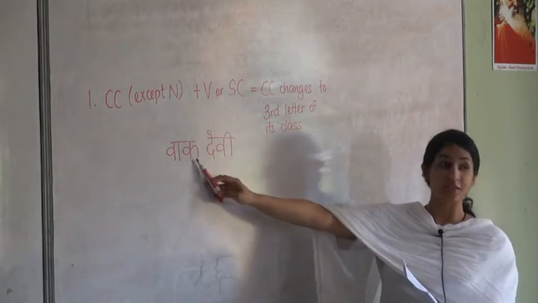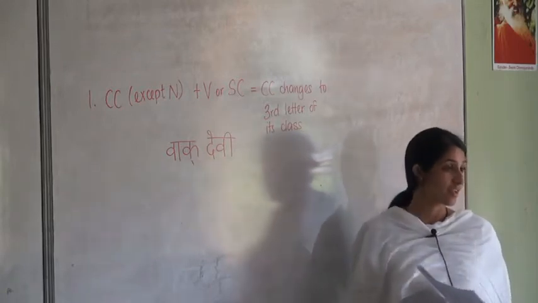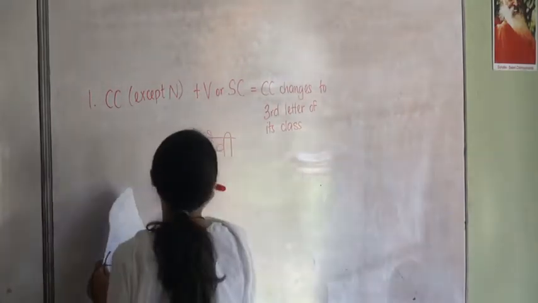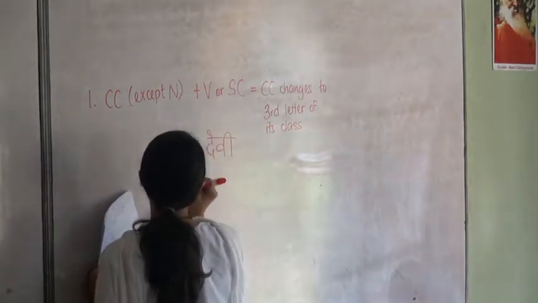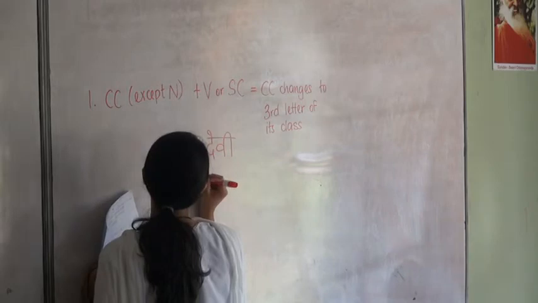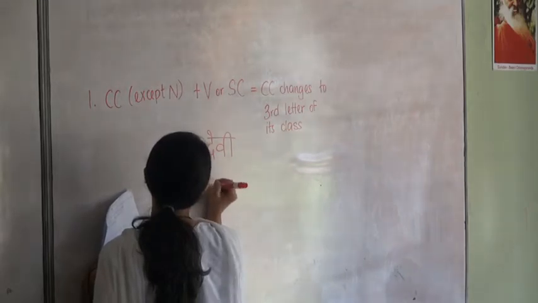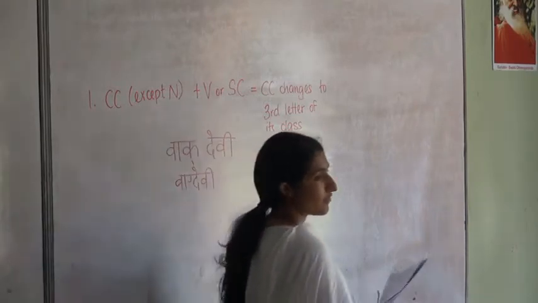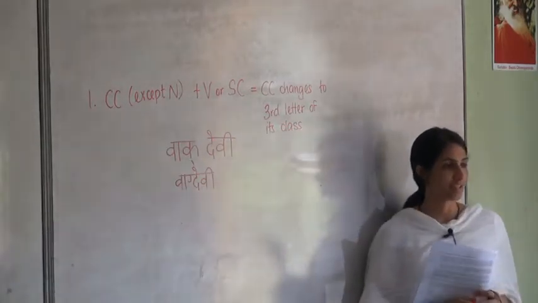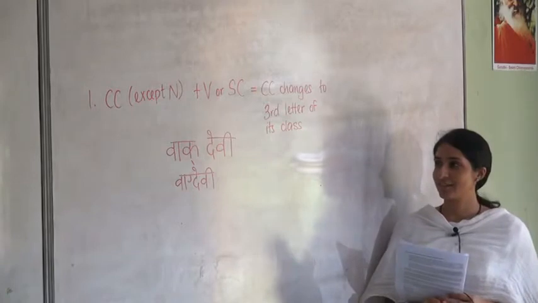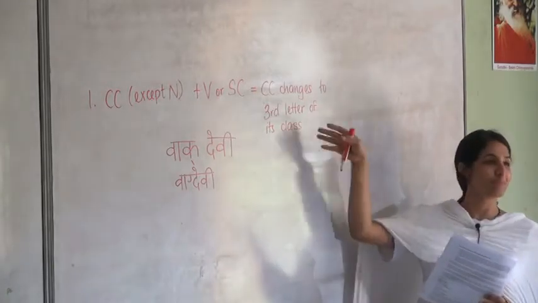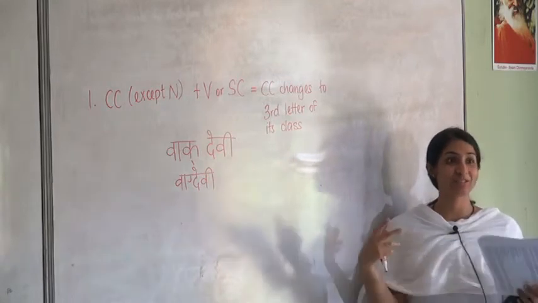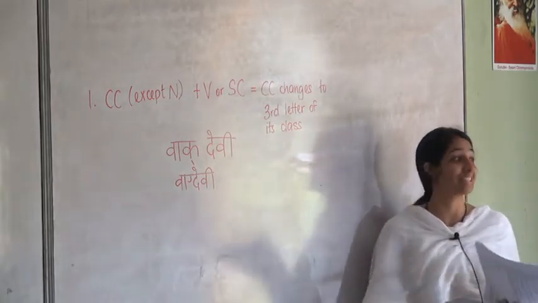So what's the third letter in the K line? K, K, G, right? So this will become Vagdevi. It's a lot of words to explain something simple, right? But like I said, once you start to see the words, it'll become like second nature.